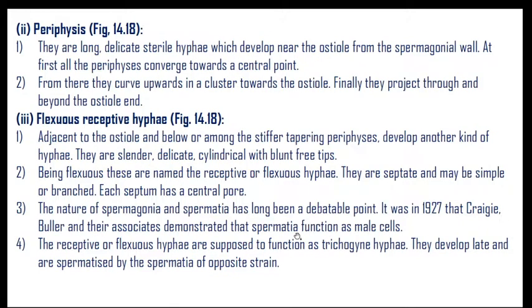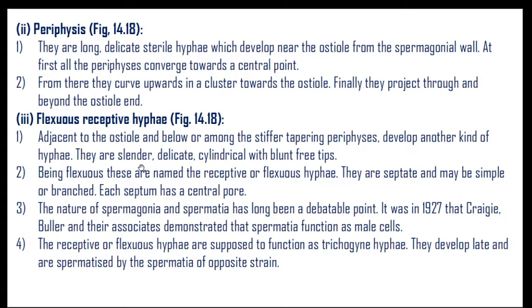Then there is a second type, that is the periphyses. They are long, delicate, sterile hyphae which develop near the ostiole from the spermagonial wall. And here is the flexuous receptive hypha, which is adjacent to the ostiole and below or among the stiffer tapering periphyses, and is another kind of hypha.